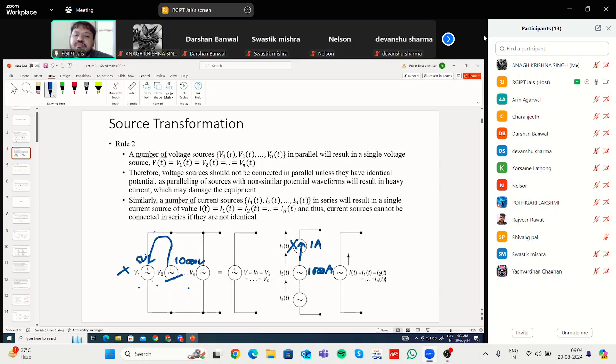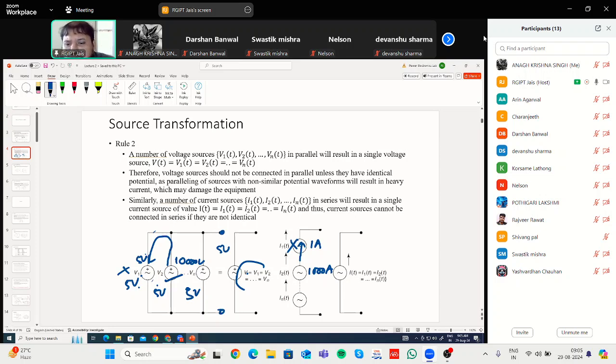Okay, this is only possible when the parallelly connected voltage sources are equal. Okay, then let us say this is 5 volt, this is 5 volt, this is 5 volt, and you are considering the ideal case. That means the internal resistances are also the same. Okay, then at the terminals you will get 5 volt. So this type of connection is possible only when all the voltage sources are of the same value and same internal characteristics.